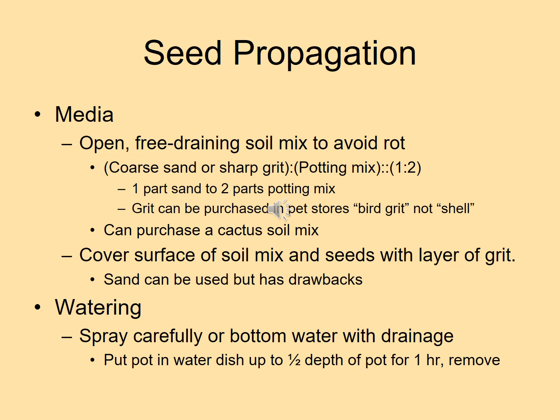You could use 1 part sand or grit to 1 part potting mix to another part of maybe something else like perlite, as long as it's about half to 2/3 of really well-drained material. It could be grit, sand, pumice, or perlite, and then about 1/3 to a half of something that's a little more moisture holding, like peat or potting mix.